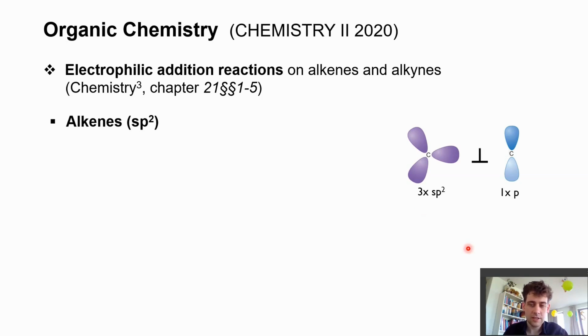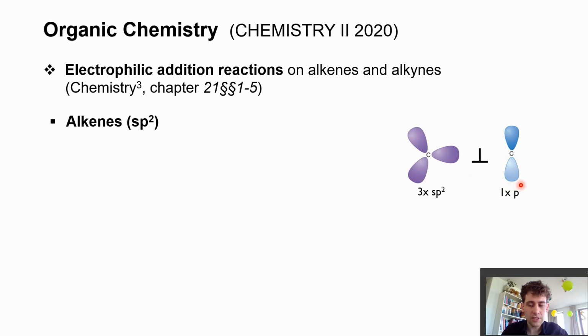We discussed this in the introduction, or our recap, and we saw that sp2 hybridized carbon atoms have 3 sp2 orbitals, each with an angle of 120 degrees between them. And perpendicular to that, we have one leftover p orbital.